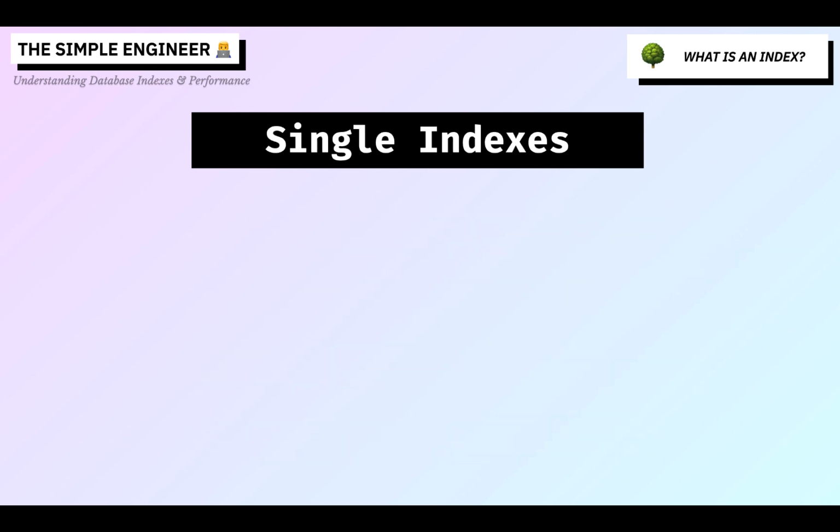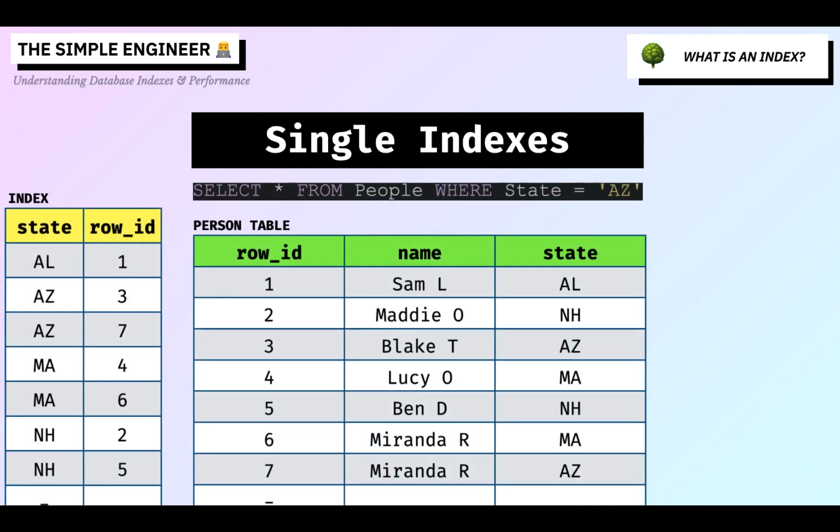When we're talking about single indexes on a table, it's going to look something like this. So we have a very simple person table with an internal row ID that's unique and auto-incrementing. We have a name and a state. So what we're going to do is create a non-clustered index, and we'll define that later, but we have a structure where we essentially have all of the states that are alphabetically organized, and then it's going to have an internal row ID, which is the lookup pointer.